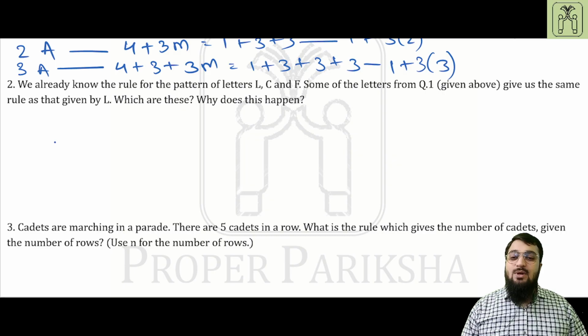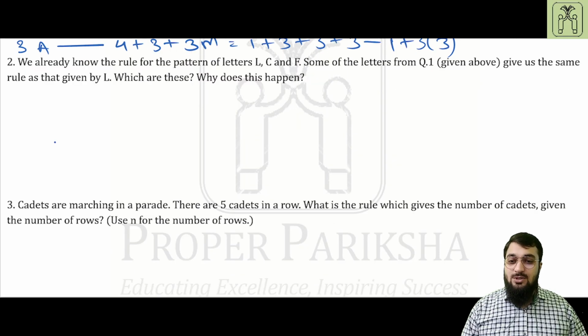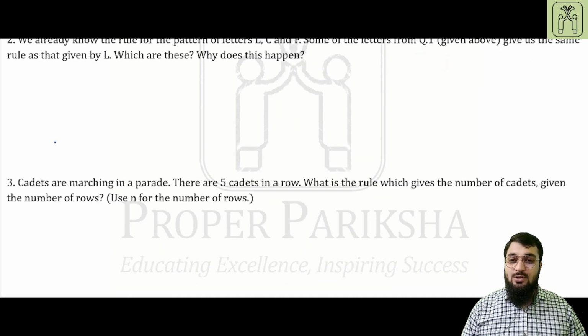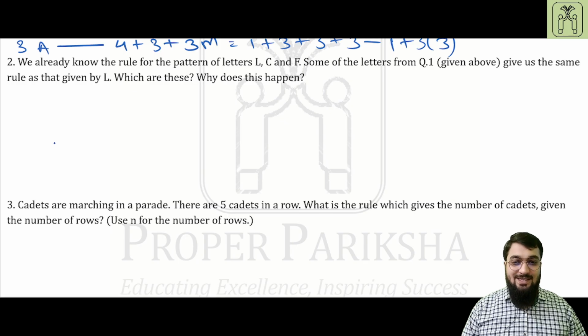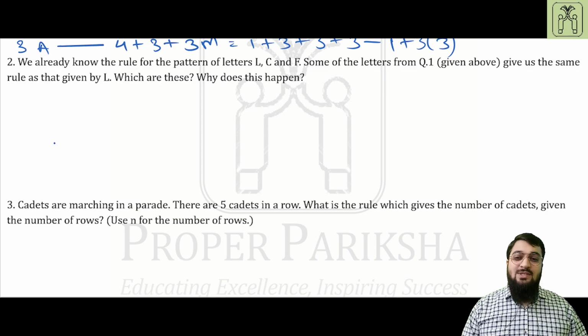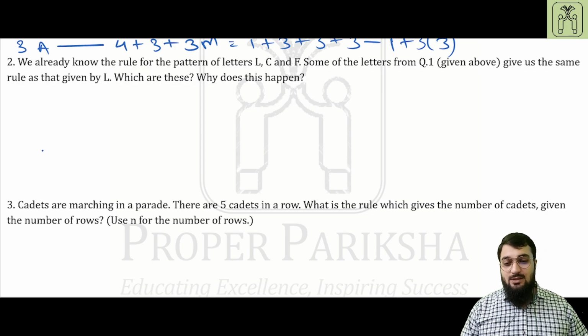We already know, coming to the next question, we already know the rule for the patterns of letters L, C, F. Some of the letters from question 1 given above give us the same rule as that given by the L. Which are these? So we just have to write those letters which give the same pattern given by the L. So if you try to look at the pattern given by the L, what is that?